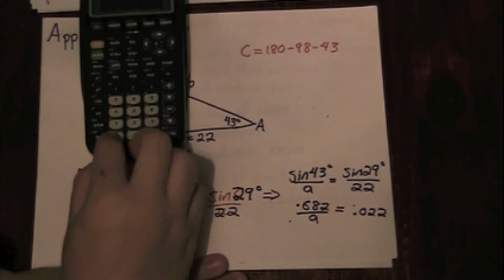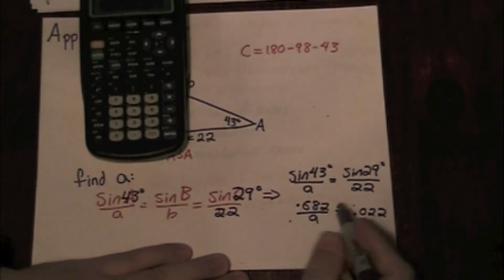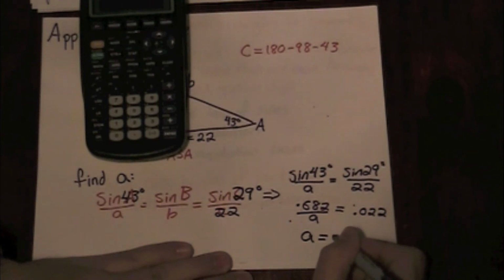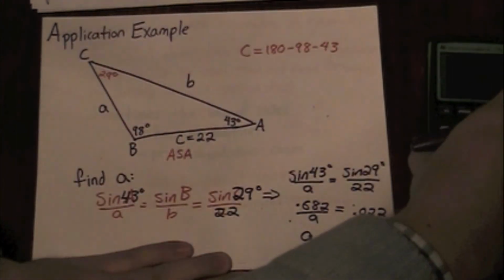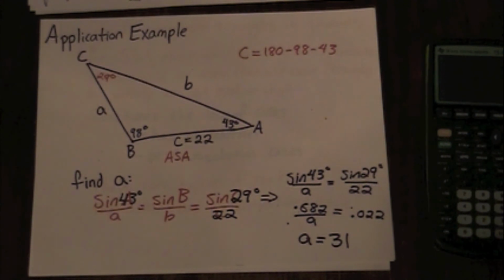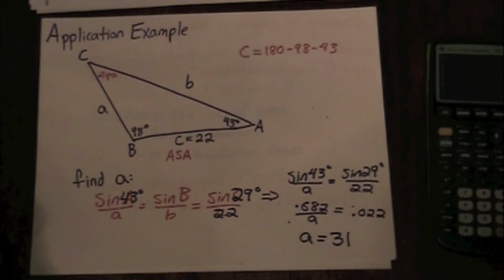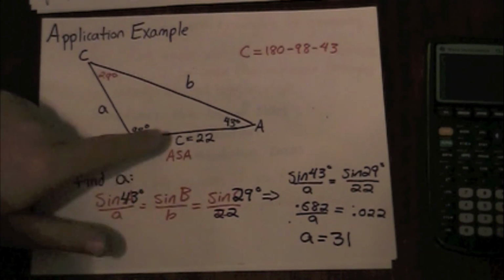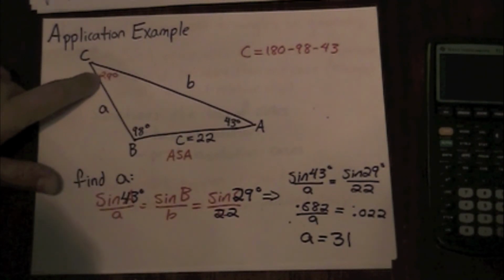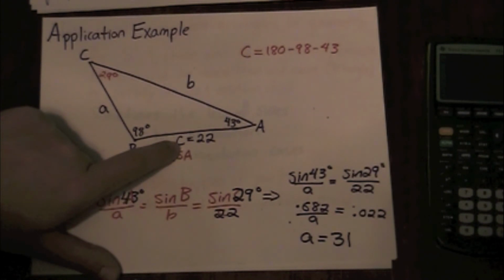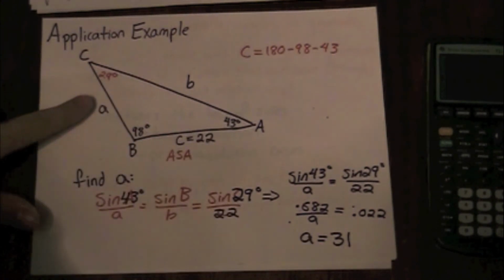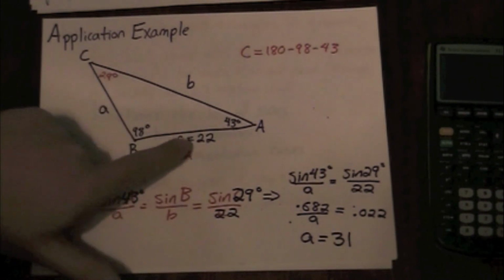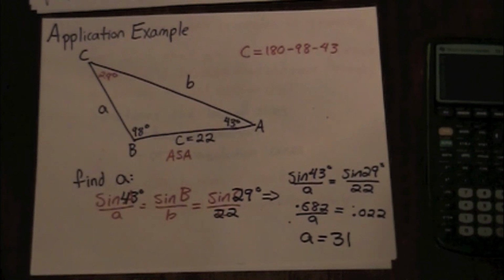With some algebra, I arrive at a is equal to 30.999, which is rounded up to 31. If we look at our angles and our sides, angle C was 29 with a side length of 22. Angle A is larger at 43 and appears to have a side length of 31. Since 31 is bigger than 22, that makes sense.